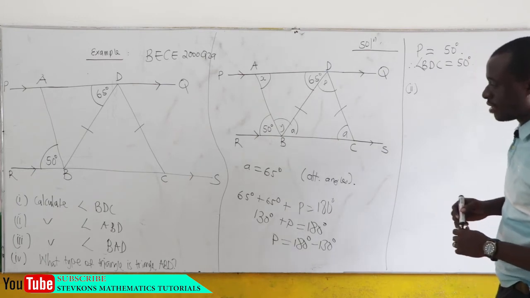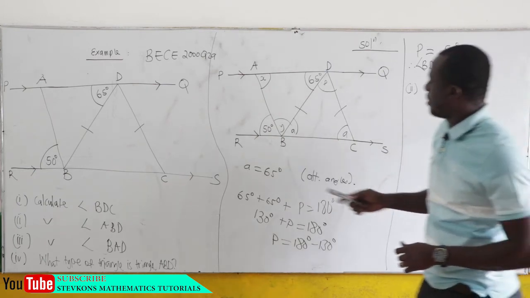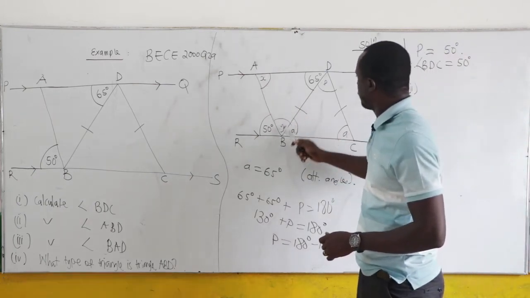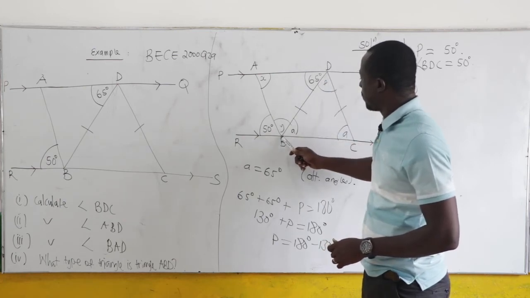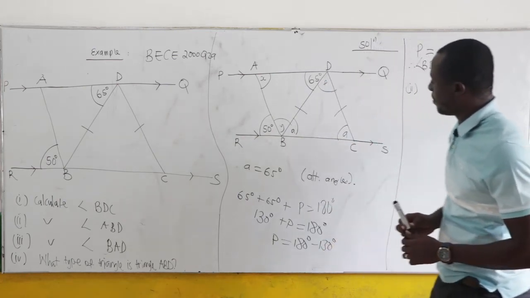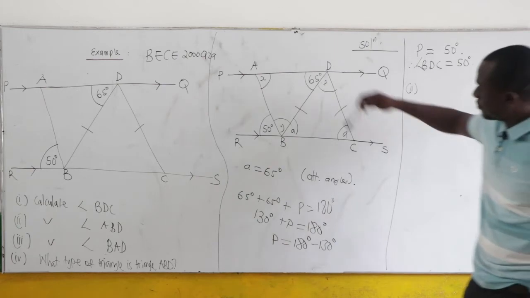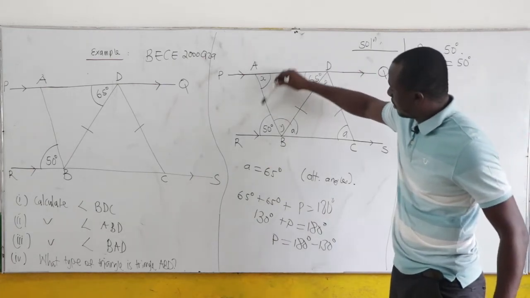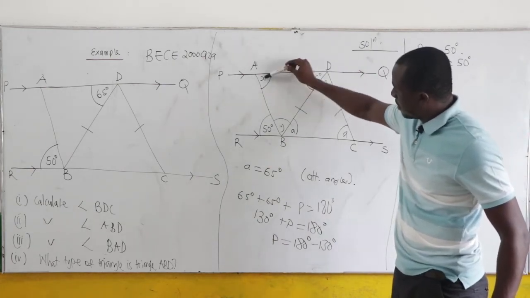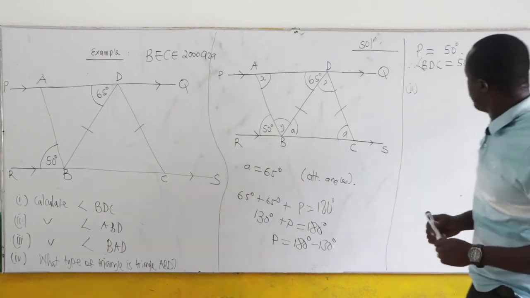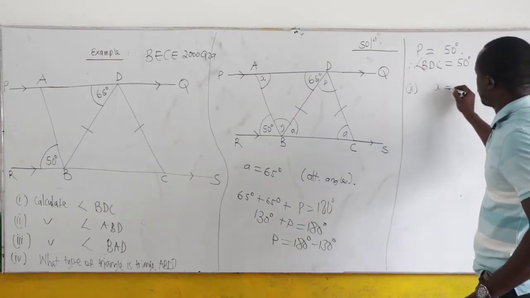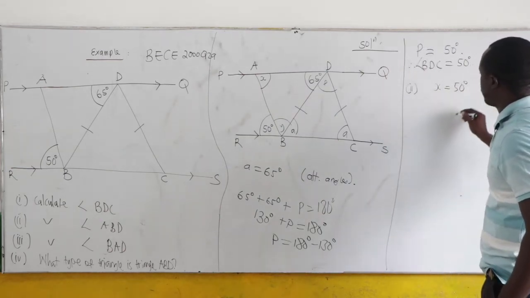Now let's see the second one. We want to find ABD. We want to find the angle over here, ABD. Now, this and this are alternating. So you can see that X is equal to 50 degrees.